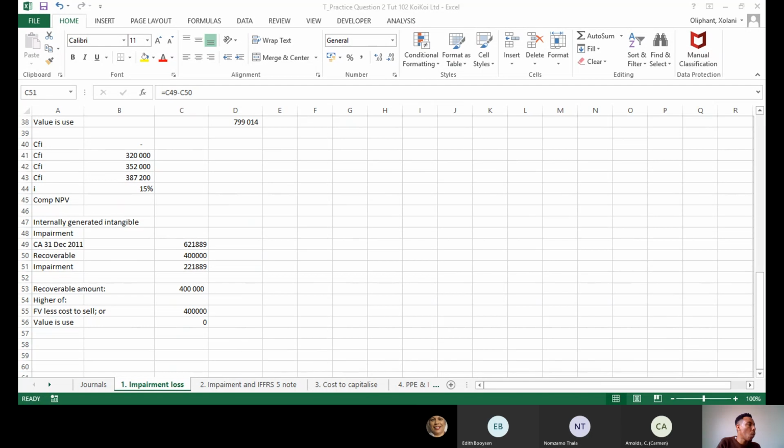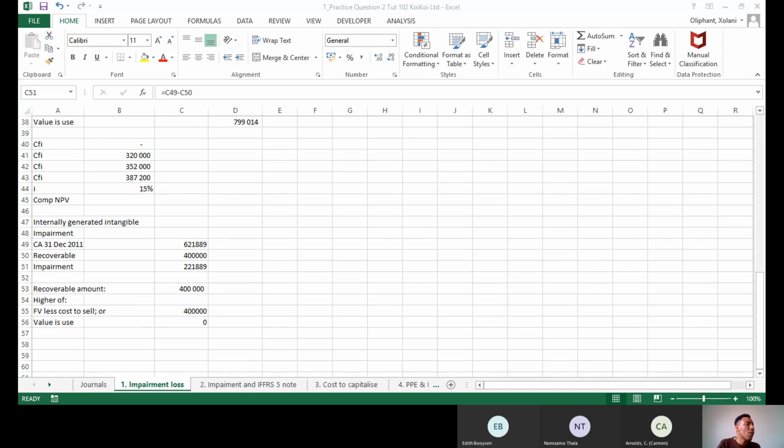Now, I just want to see quickly what we haven't yet addressed. I'm just going to the required quickly. Your disclosure note in the required, the disclosure note for non-current assets held for sale for the 31st of December 2011, will be pretty straightforward, because there is not much information that you can include. It's mostly the narrative part that one would include in there.